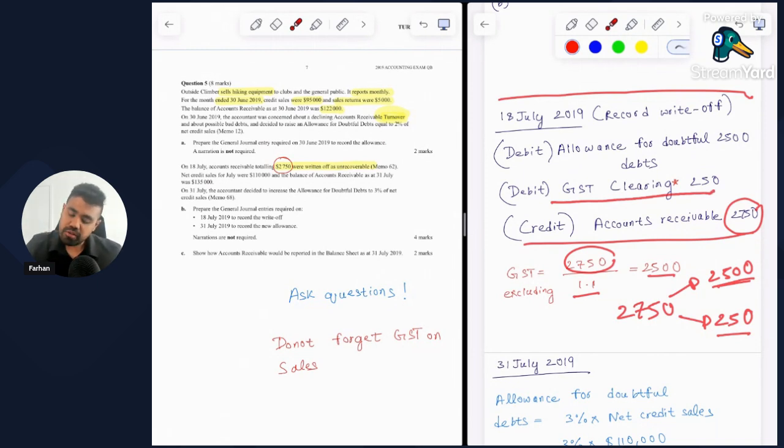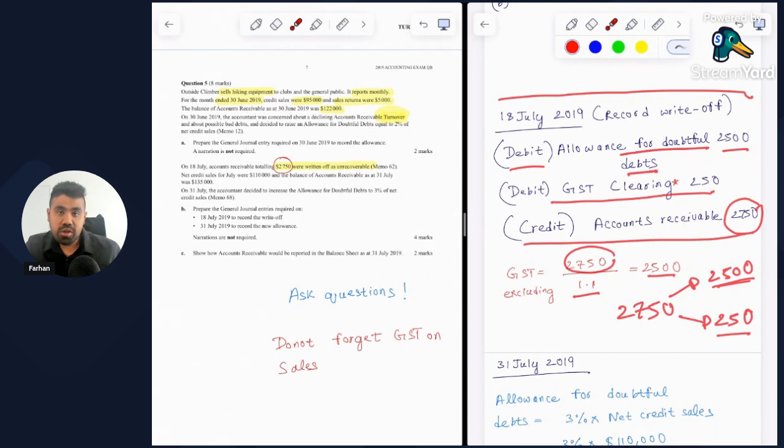And the other figure is $2,500 that also needs to be included on the debit side. And that is called the allowance for doubtful debts. Now, when we debit the allowance for doubtful debts by $2,500, what we're essentially saying is that we are confident that $2,500 from the previously recorded possible bad debts amount that we have stored in the allowance for doubtful debts can now be removed.